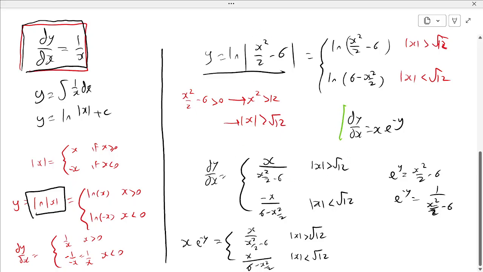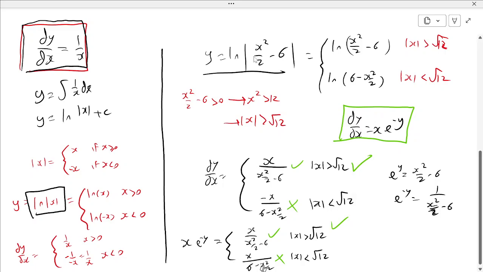The equation was dy by dx equals x e to the minus y. So in this situation, we see they match. They're both x over x squared over 2 minus 6. But down here, this is negative x over 6 minus x squared over 2, and this is positive x over 6 minus x squared over 2. So generally, it's just not a solution to have the absolute value in there.